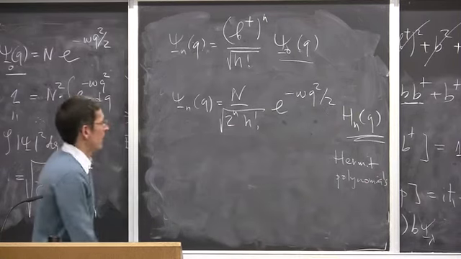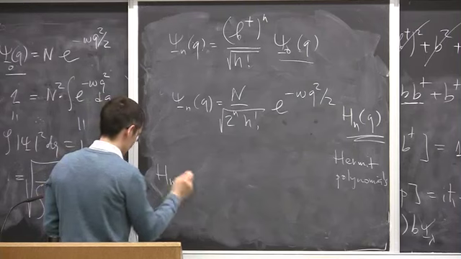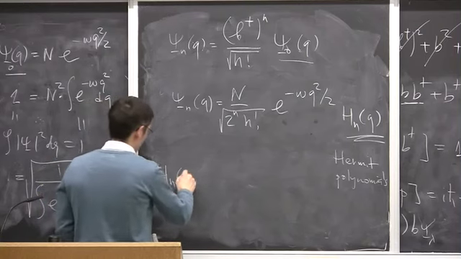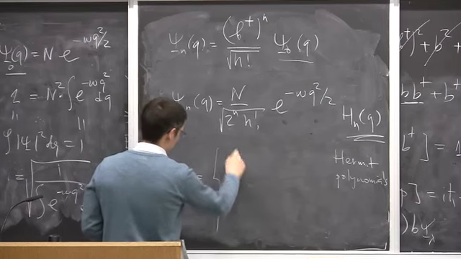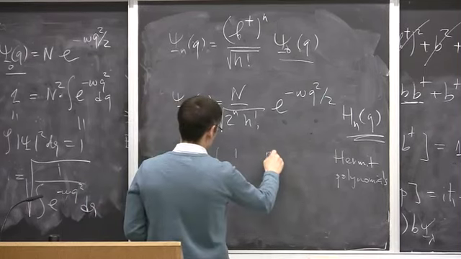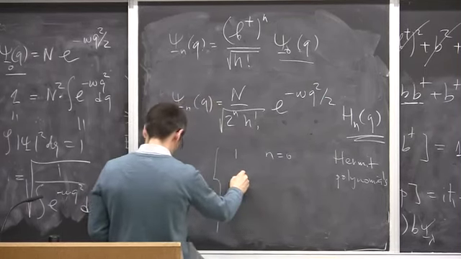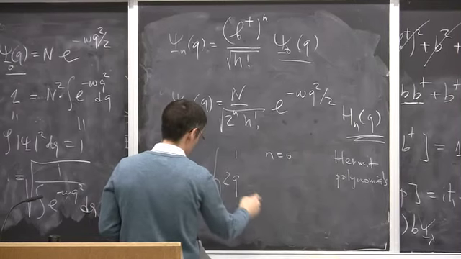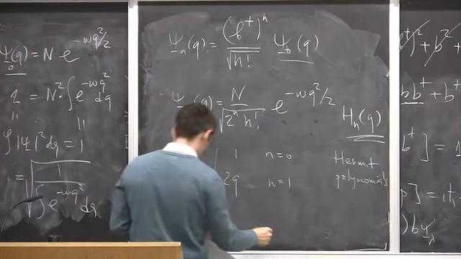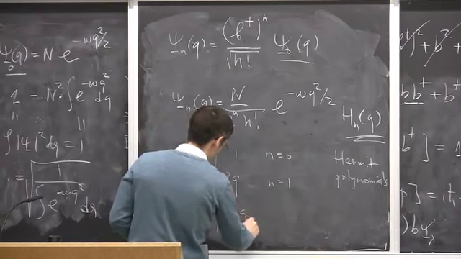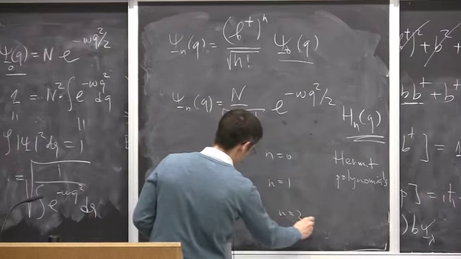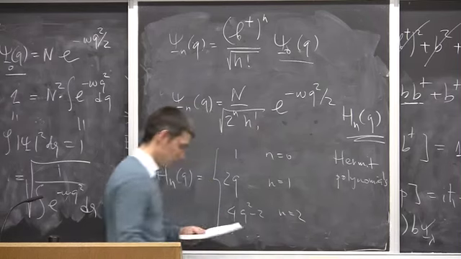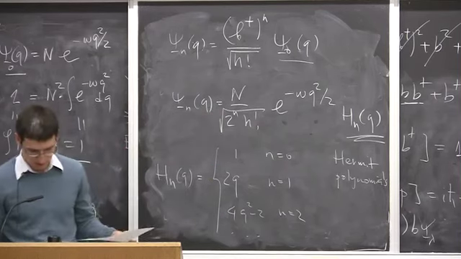I'll just write down the first few Hermite polynomials: 1 when n equals 0, 2q when n equals 1, 4q squared minus 2 when n equals 2, and so on and so forth. On Wikipedia you can find the rest.